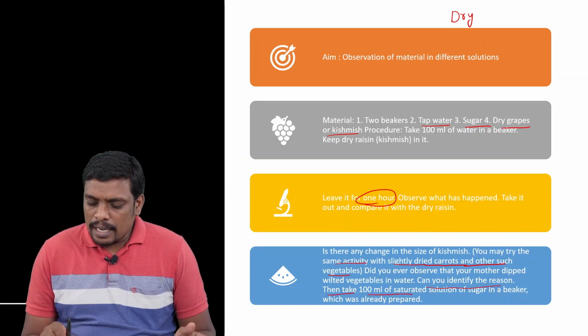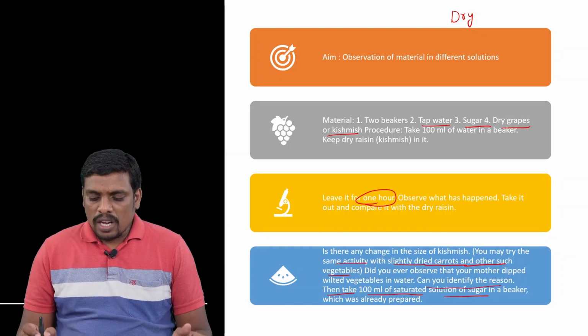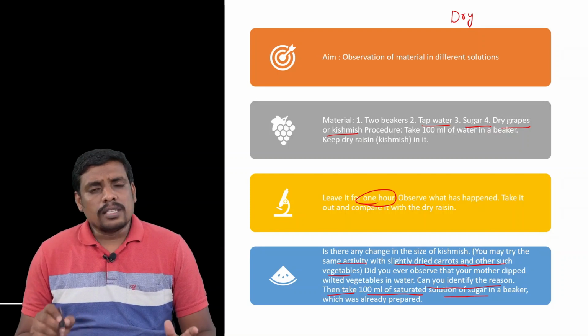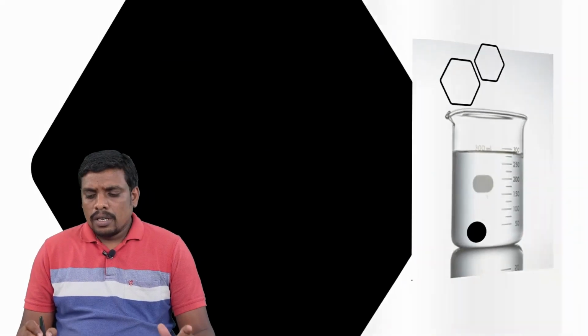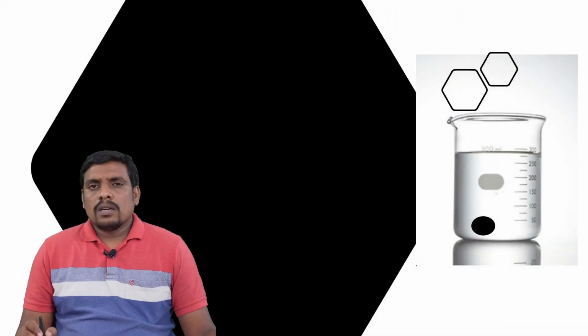Then take 100 ml of saturated solution of sugar in a beaker which was already prepared. Now, let us take another beaker, as already mentioned in the procedure, which contains the sugar solution. 100 ml of beaker we have to take. So in this 100 ml beaker, what do we have to do?